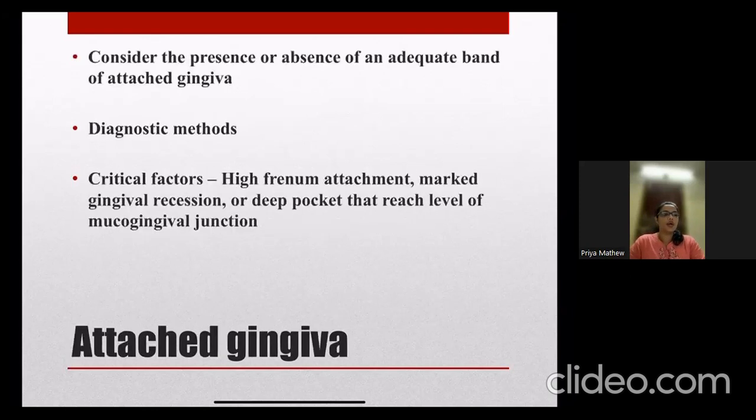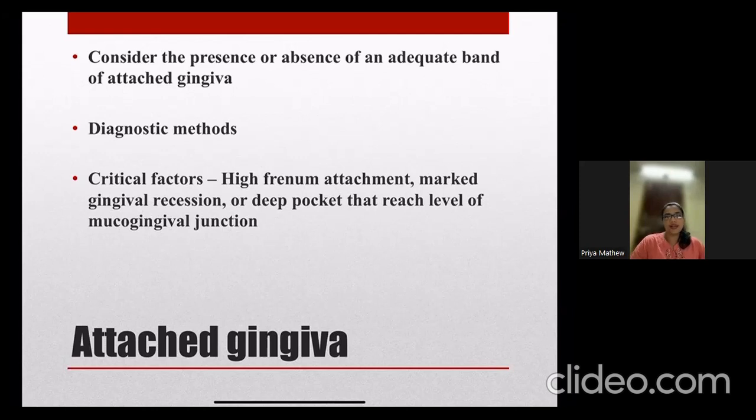Okay, so next is the management of the next zone, the attached gingiva. The clinician should consider the presence or absence of an adequate band of attached gingiva. The methods by which we can diagnose attached gingiva are the roll test, the lip pull test, and dyes.